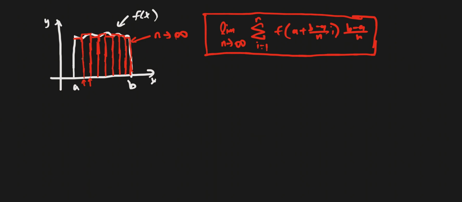What does i represent, what does n represent, what happens as n approaches infinity, what's the width of each rectangle, what's the length of each rectangle, what's the area, that's the length times the width. How do we take the summation of the areas of each of the rectangles, and how does that represent the area under the function over the x-axis?